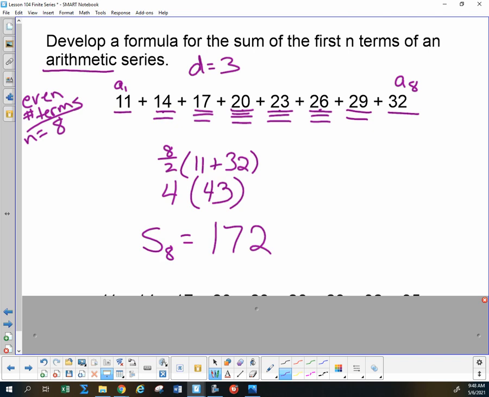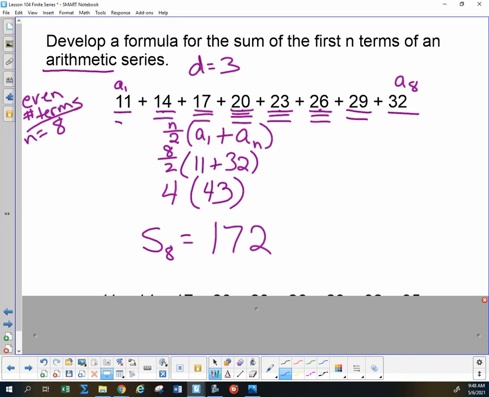Now let's match that up to make it a little more general. I had n terms, 8 terms, n was 8, and I divided my number of terms by 2, and then I took my first term plus my last term, which was my 8th term.